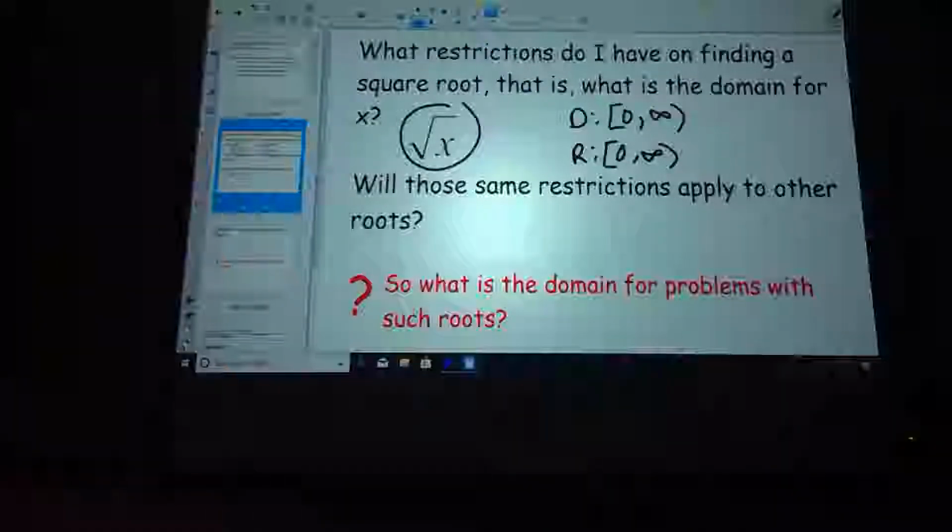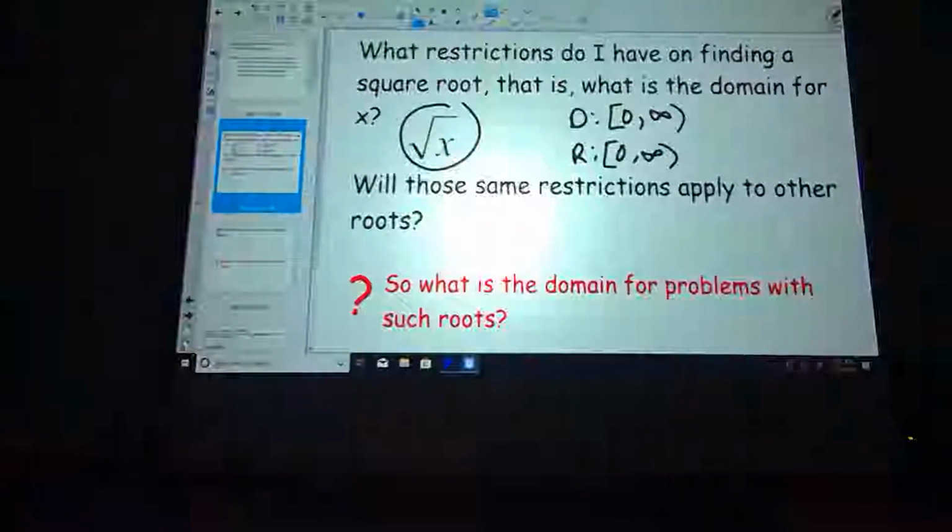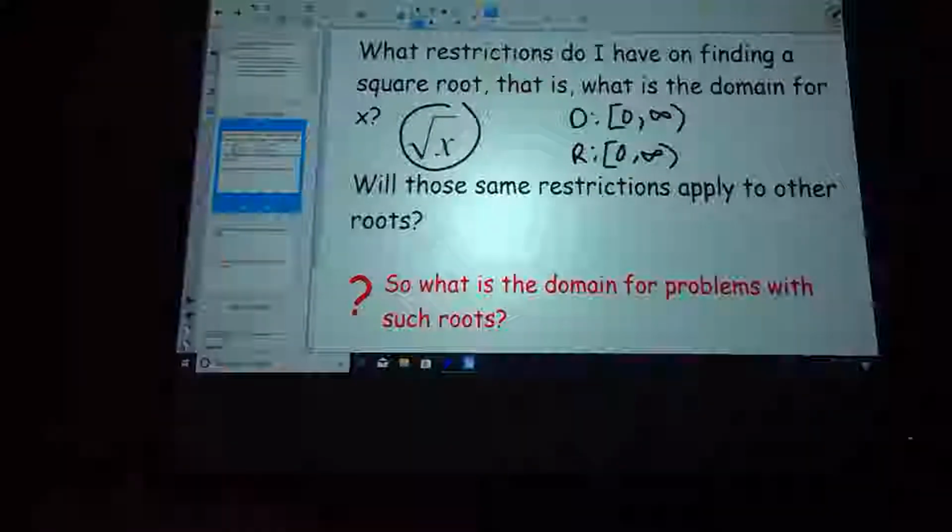If I had 4th root, 6th root, even roots, you're going to have restrictions on it. We don't want imaginary numbers; we want everything to be a real number. It's fine if it's a radical that's not rational. So those are just a few of the things so far.